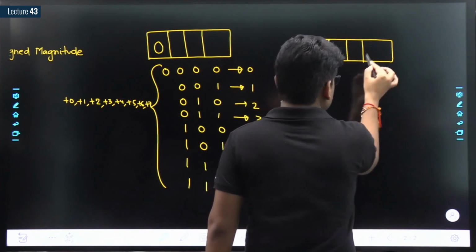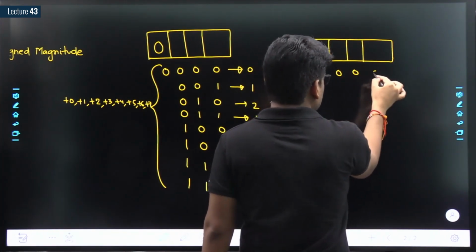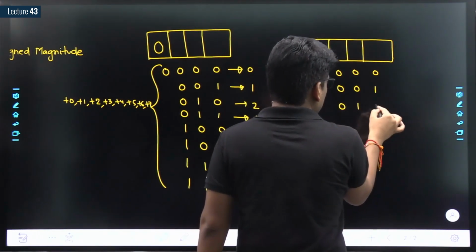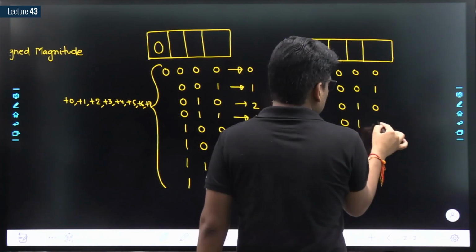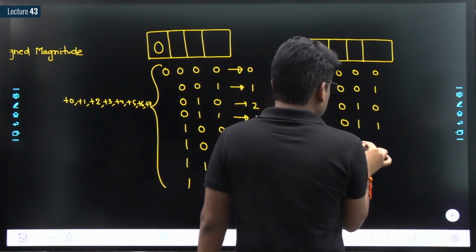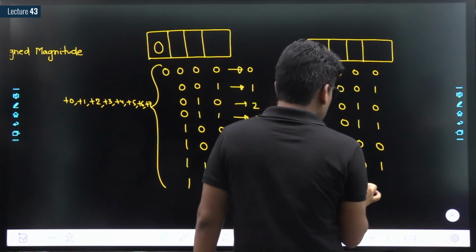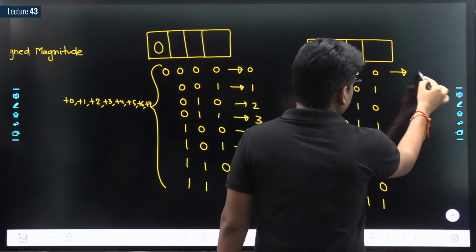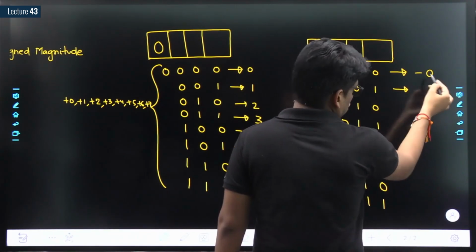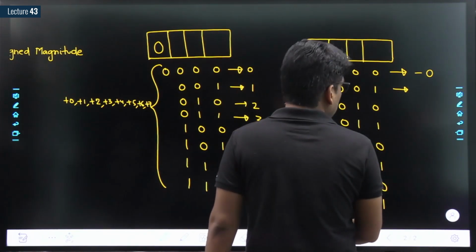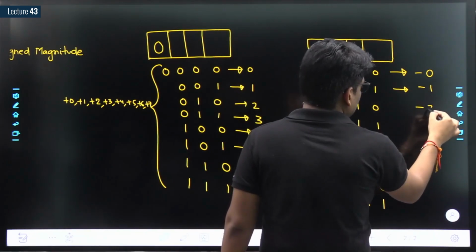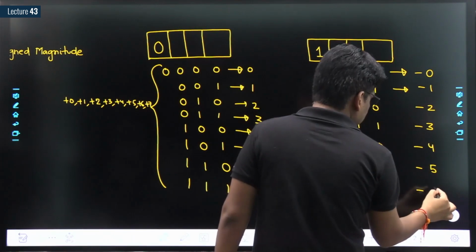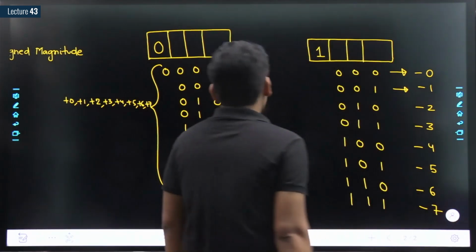For these 3 places we again have 000, 001, 010, 011, 100, 101, 110 and 111. That means we have minus 0, unfortunately, minus 1, minus 2, minus 3, minus 4, minus 5, minus 6 and minus 7.